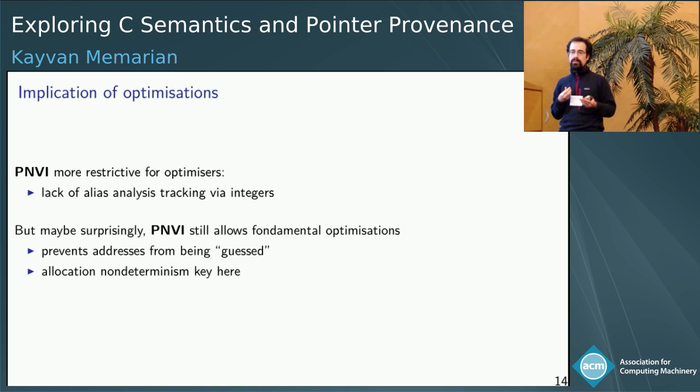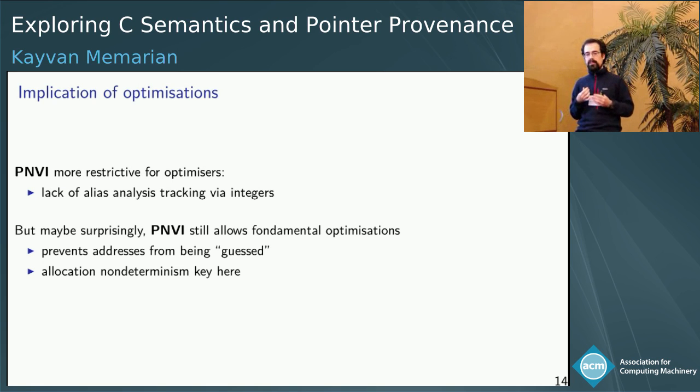And if you do that, this is very bad for the alias analysis, because the alias analysis needs to be very conservative and cannot do as much optimization. But luckily for us, since the allocation is non-deterministic, you can't really do that. It's not possible. So we discussed this in the paper, and we compared both proposals with classic optimizations and see what's allowed and what's not.